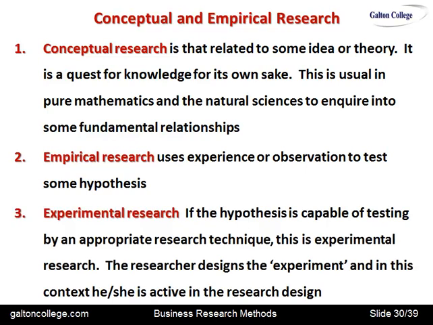We also have experimental research. If the hypothesis is capable of testing by an appropriate research technique, this is experimental research. The researcher designs the experiment, and in this context he or she is active in the research design. So experimental research, sometimes in laboratories at universities or in research institutes, scientists set up experiments.